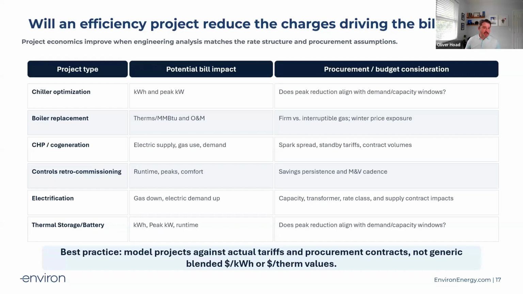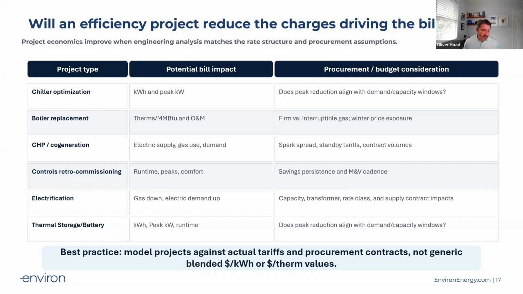So ensuring that you're aligning with your actual procurement contracts or tariffs is critical to modeling out a project and making sure the ROI is accurate and everything is in place.